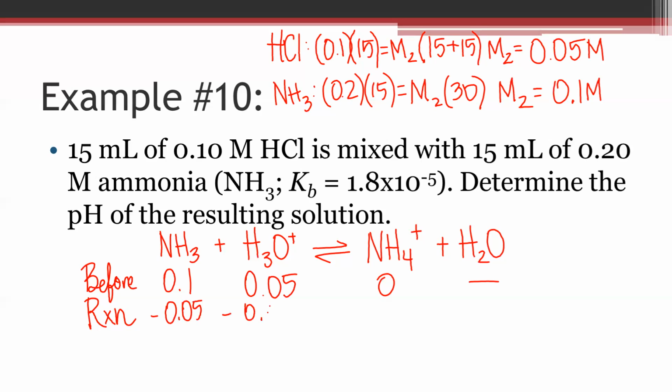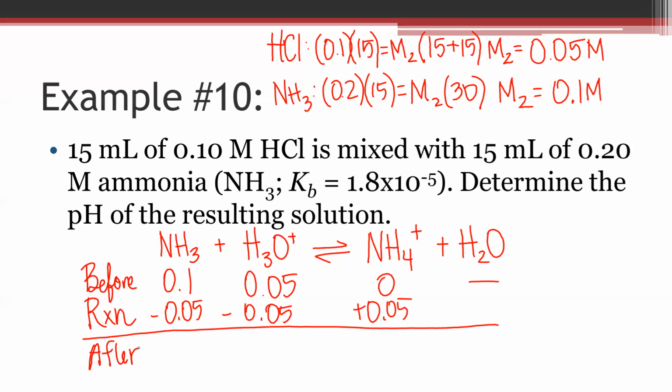So subtract away the hydronium amount and add it on the product side. So then after the reaction takes place, you'll have 0.05 molar of the ammonia, nothing of the hydronium, and then 0.05 for the conjugate acid.